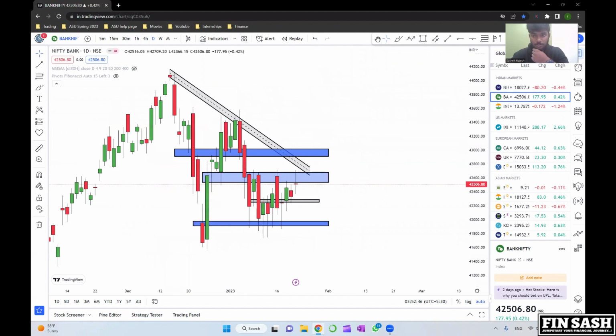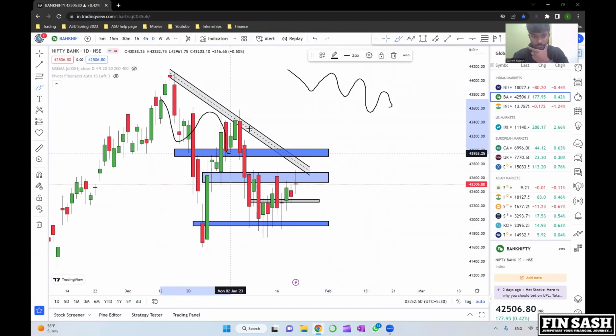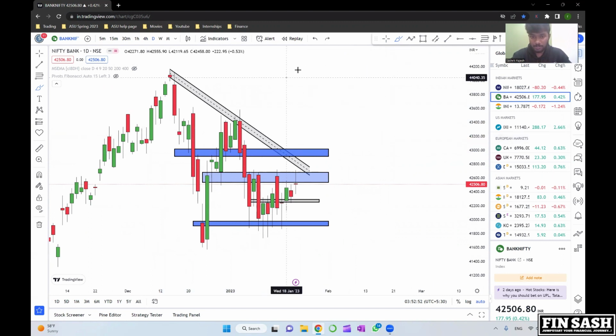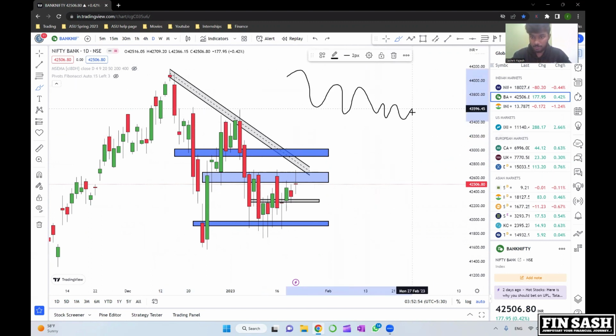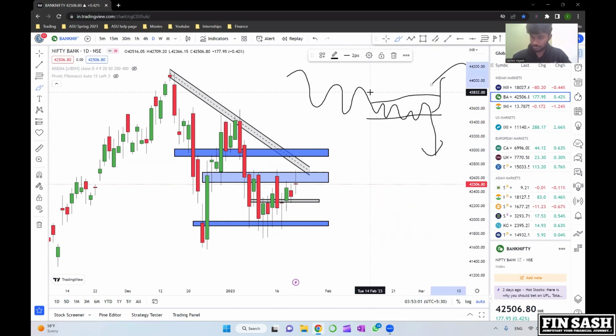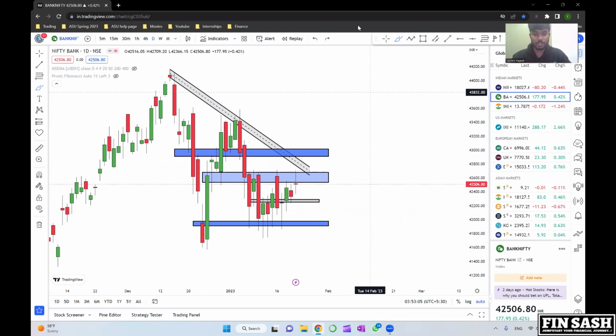Sorry about that. So the market's doing this, right? As you can see, right now it's being sideways, and there might be a fall after this break, or there might be a bullish run, depending on the price action for that week.